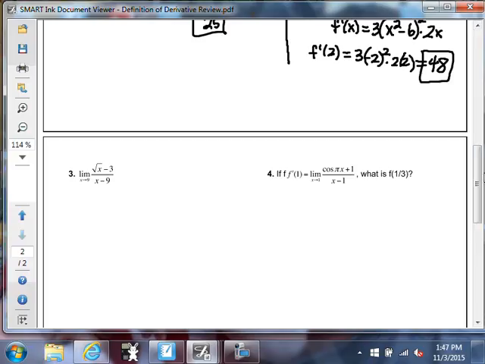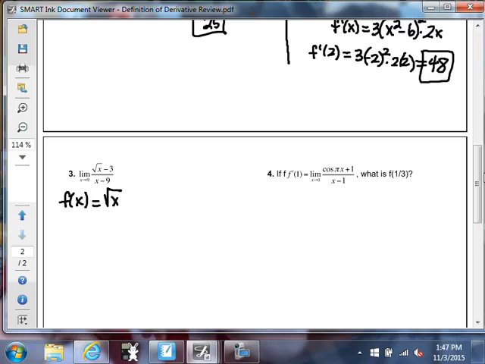So the next one, would we be able to solve this using limit rules? What would we do if we were just using our limit rules from chapter 1? What could you multiply by? Yeah, the conjugate. Multiply by root x plus 3 all over root x plus 3, right? So you could do that. Or you can recognize that it's in the form f of x minus f of a all over x minus a. Okay? So what's f of x then? You guys are so quiet.